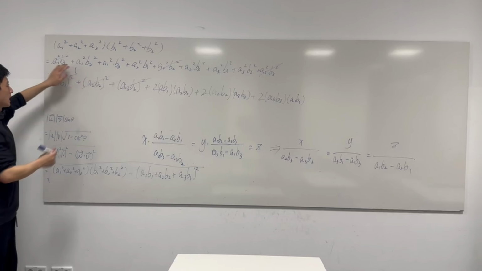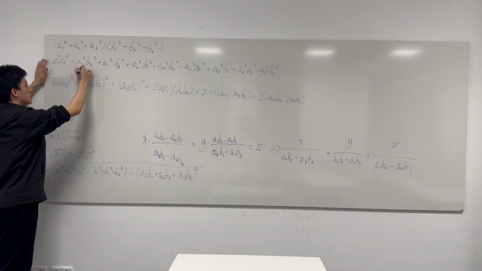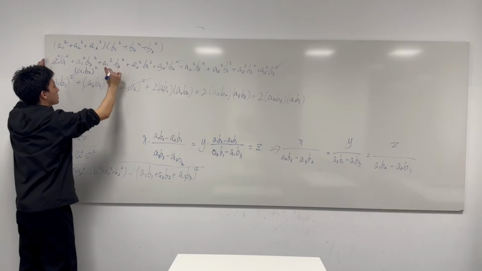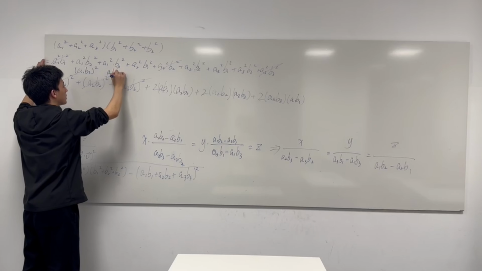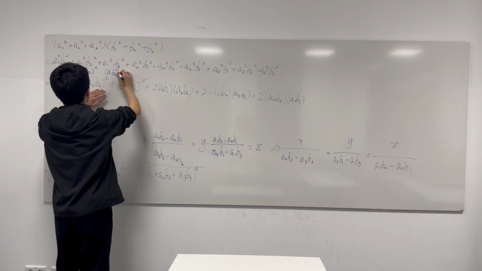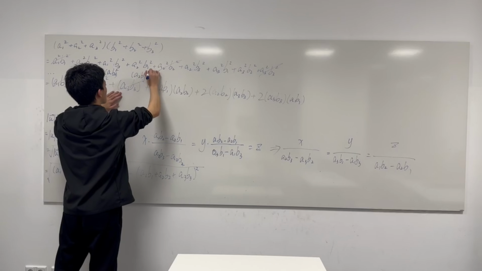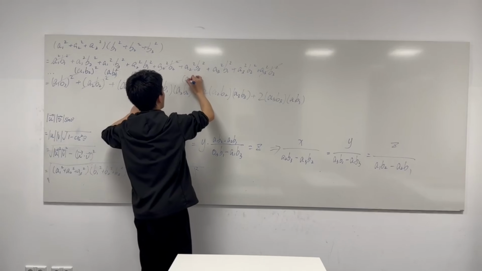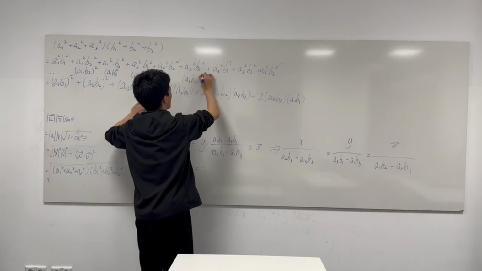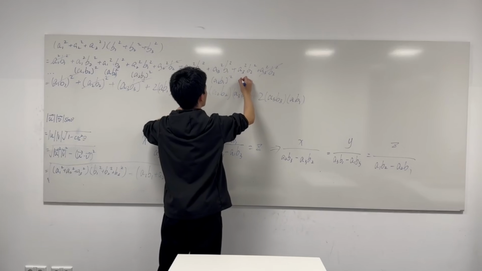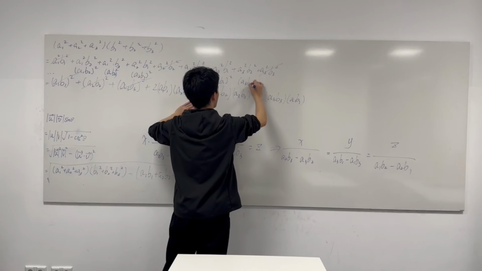So we can simplify it as, for example, a1 square b2 square is equal to (a1 b2) square, a1 square b3 square is (a1 b3) square, and so on: (a2 b1) square, (a2 b3) square, (a3 b1) square, (a3 b2) square.